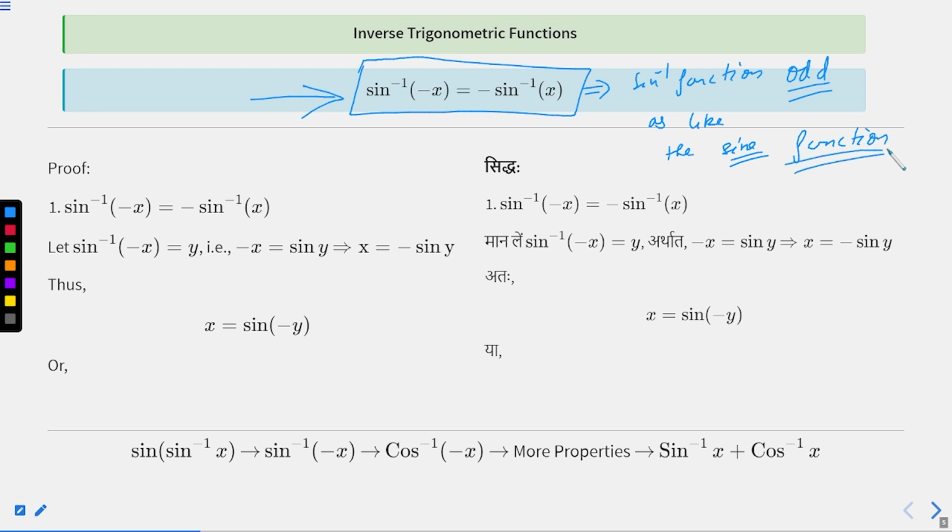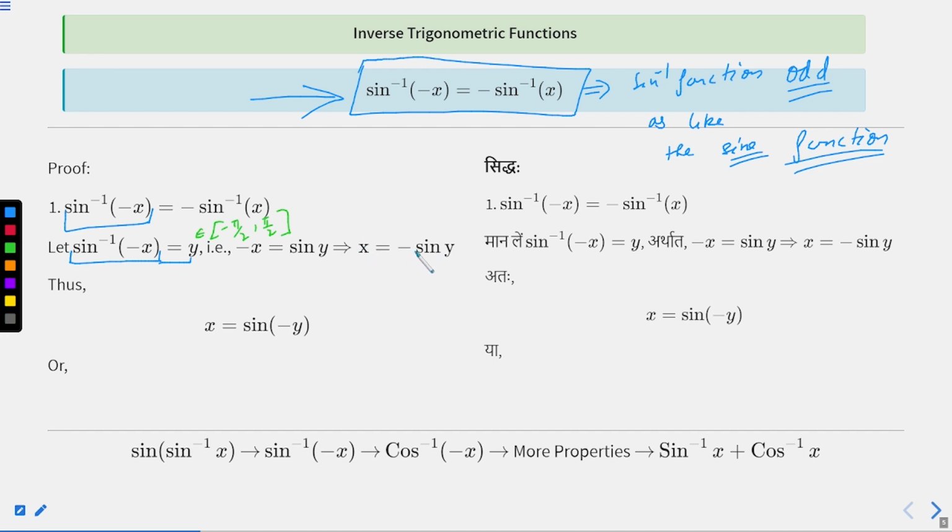Let's see the proof. We will start with the left hand side. Putting this expression equal to y, we must know that y belongs to the principal value branch, which is minus pi by 2 to pi by 2. Don't forget this. Now we will write minus x is equal to sine y, so x is equal to minus sine y.